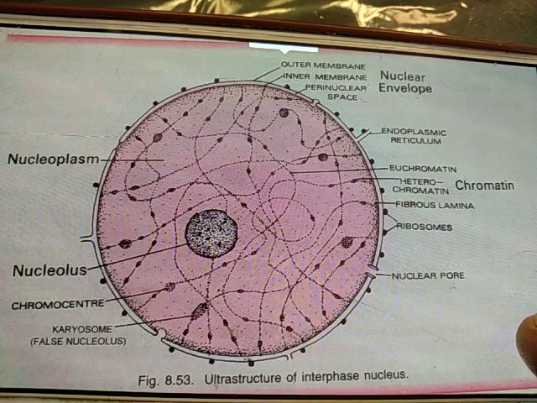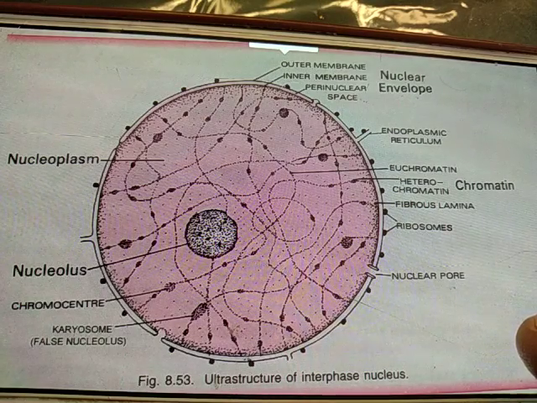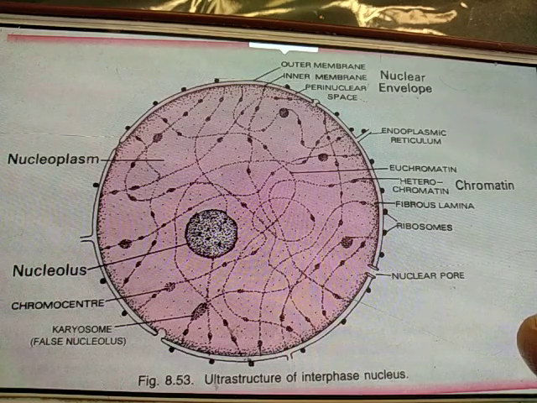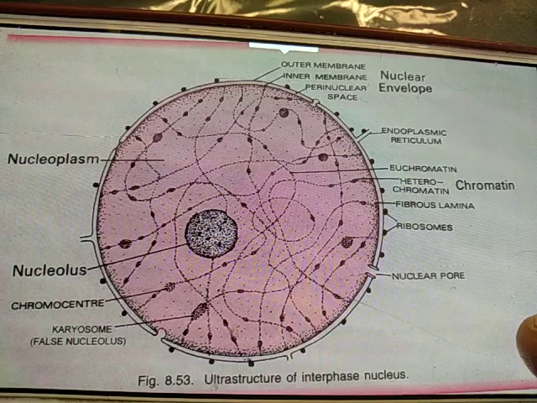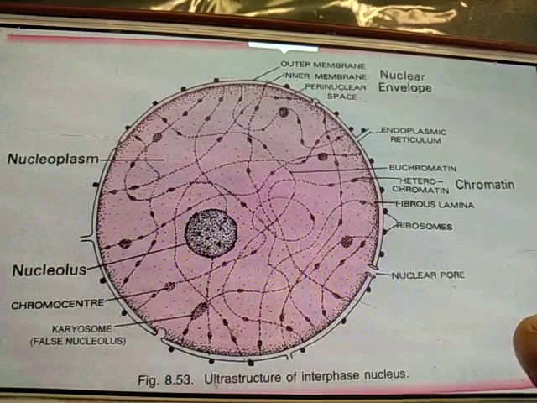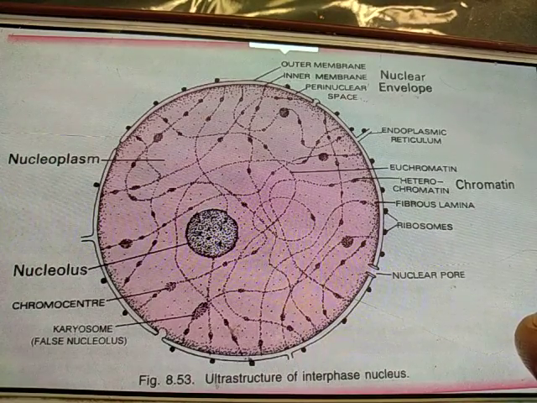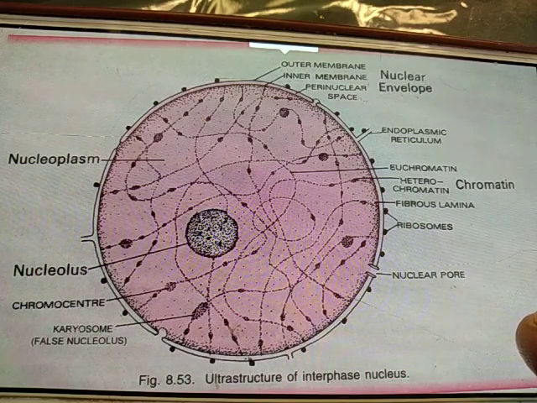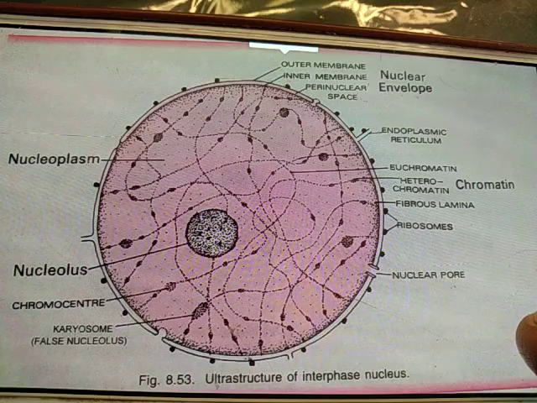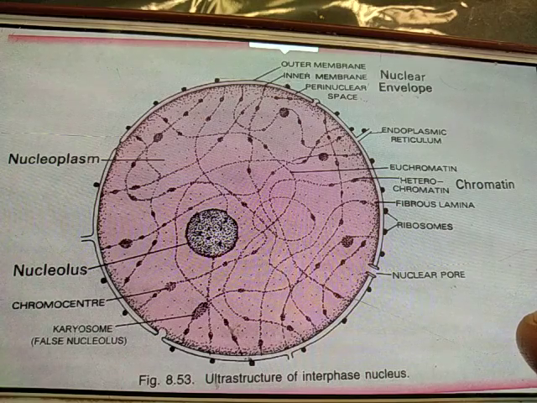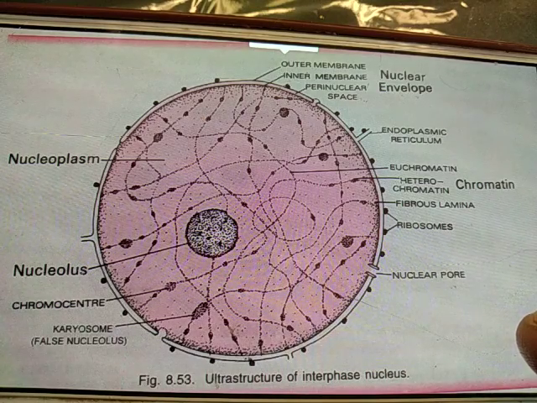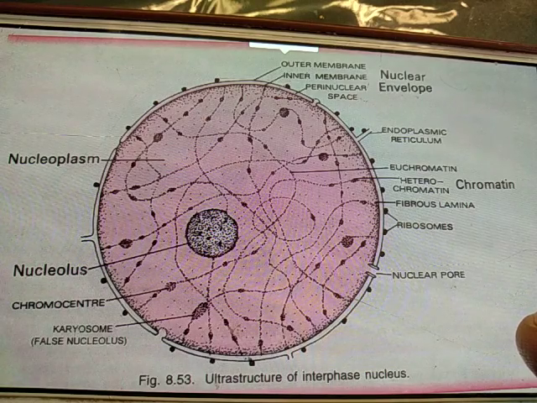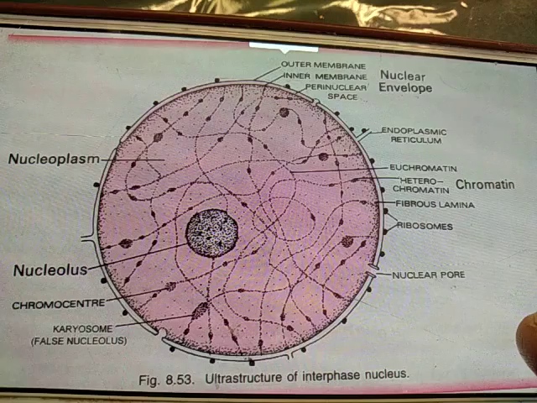Depending upon the size of the granules formed by the heterochromatin, they are called chromatocenters, karyosomes, or false nucleoli. The whole of the chromatin is not functional. Generally, only a portion of euchromatin which is associated with acid protein takes part in the transcription or formation of the RNAs.